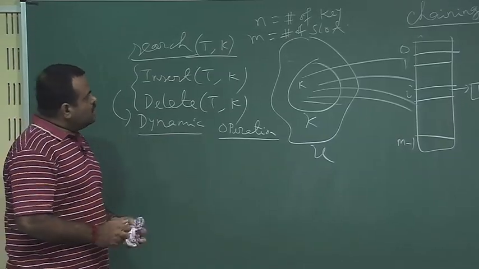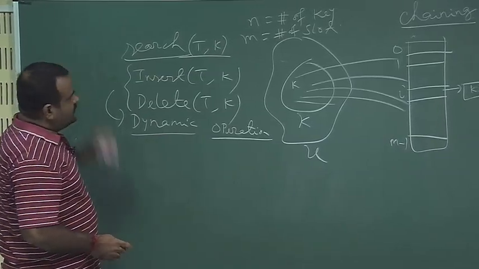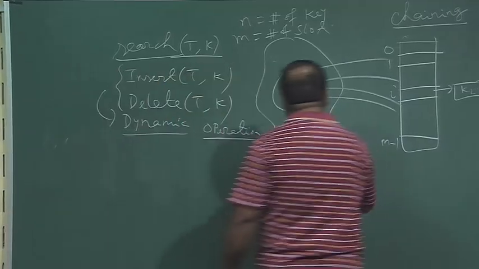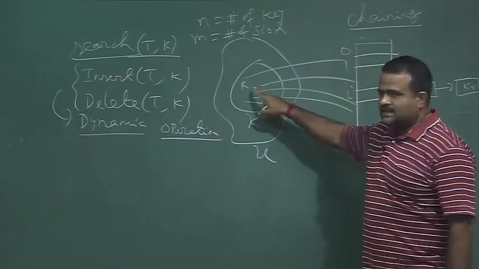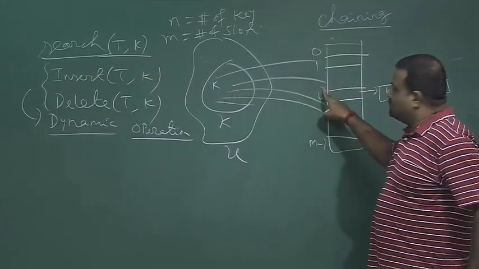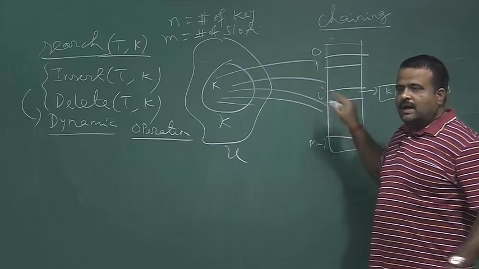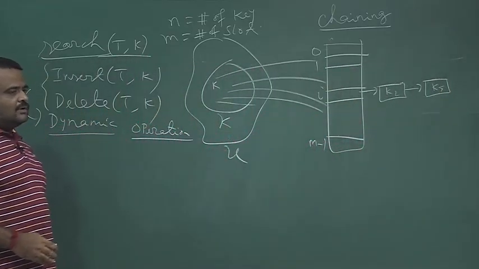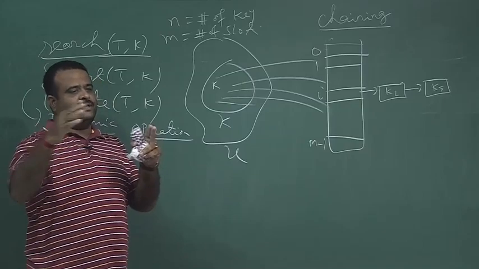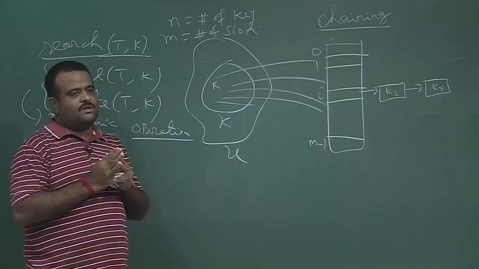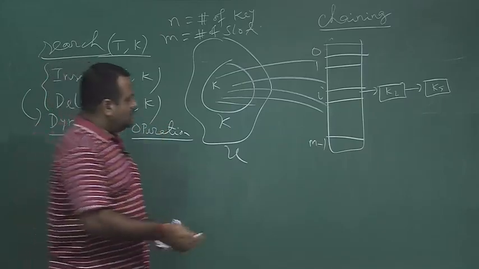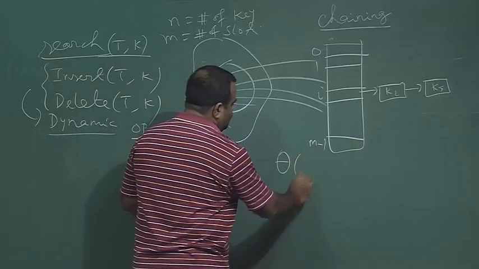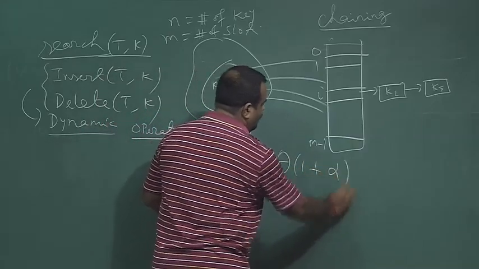Okay. So now the question is how we can search a key. Suppose we apply the hash function on it. We will go to the particular slot, and if the slot is empty, then the key is not there. Otherwise, if the slot is having a chain, we have to search it. So this is basically 1 plus alpha.